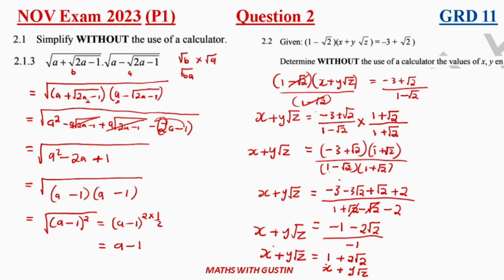Therefore this simply means x is equal to 1, y is equal to 2, and z is what is under the square root, so z is also 2.